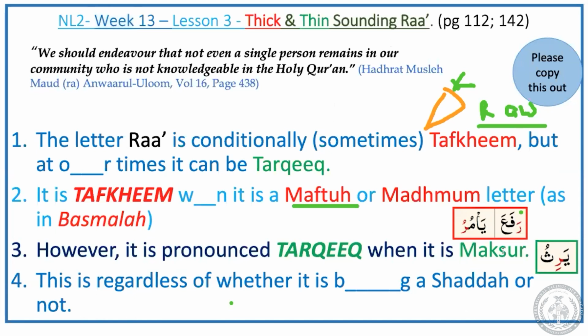So regardless of whether it has a shadda or not, it's going to be thick if it has a fatha or a dhamma, and if it's got a kasra, then it's going to be thin. Similar to the lam sakin rule, with the Lam Jalala, it is thick when before the name of Allah we have a fatha or a dhamma, and if before the name of Allah we have a kasra, it is thin.